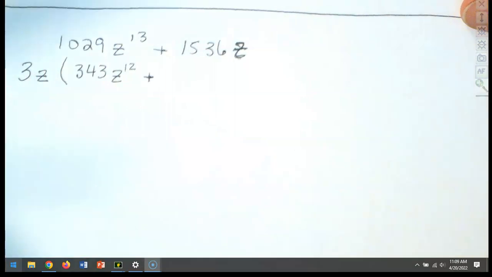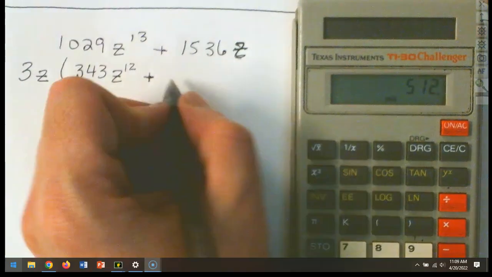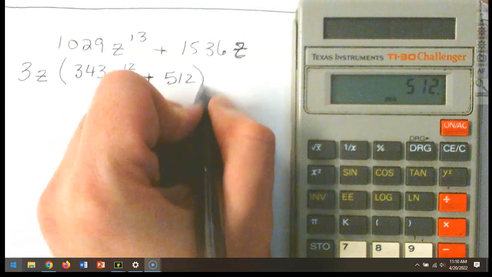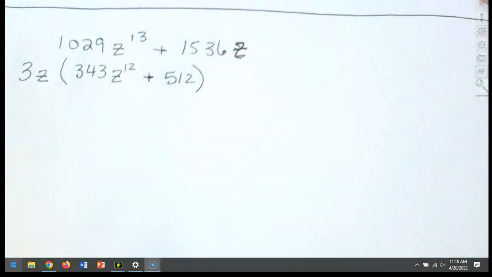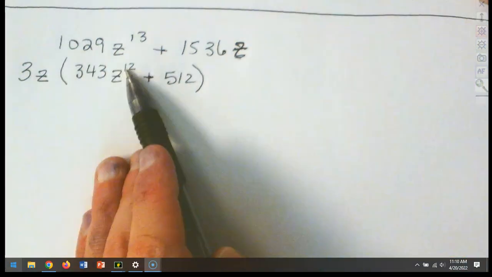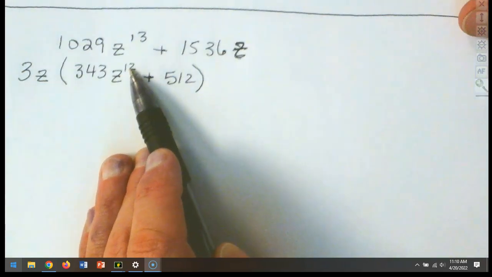Right? And then what about 1536? When I take a 3 out of that, I get 512. And that's another cube, isn't it? And now we also know we're on the right track because z to the 12th, remember, 12, my exponent, has to be divisible by 3. And it is.